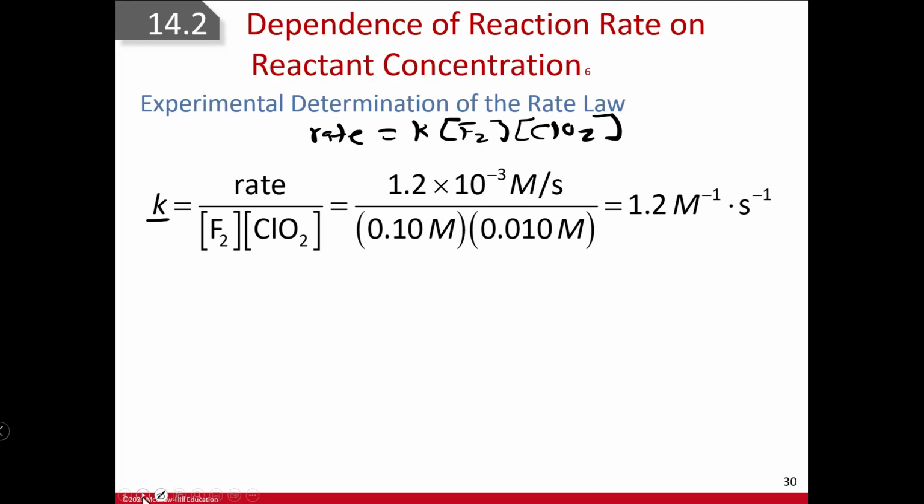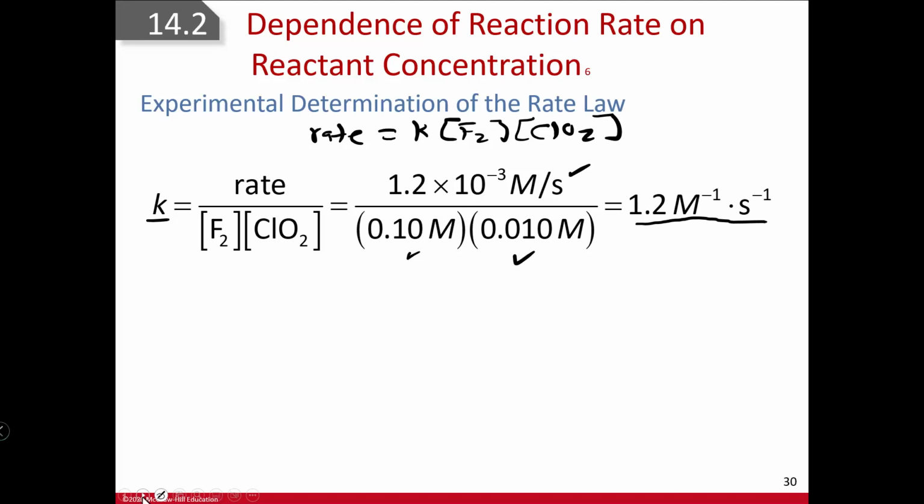I want to solve for K. So K equals the rate divided by the concentration of the fluorine first order, concentration of chlorine dioxide first order. I don't care which one of the experiments you choose. You can choose any one of the 3 that was on the previous page and plug these values in, their initial rate divided by the concentrations, and you should get 1.2.